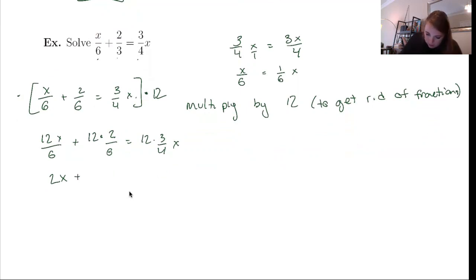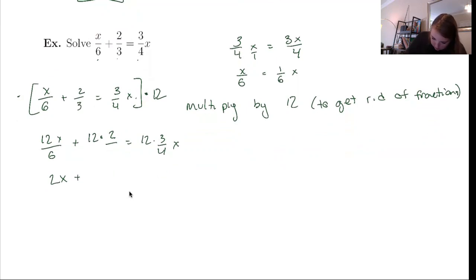Oh, because that is a 3. Well, let me write this again. This saves you the time of finding the least common denominator and then multiplying by that. It's the same thing, and you guys will get better with that as we practice.